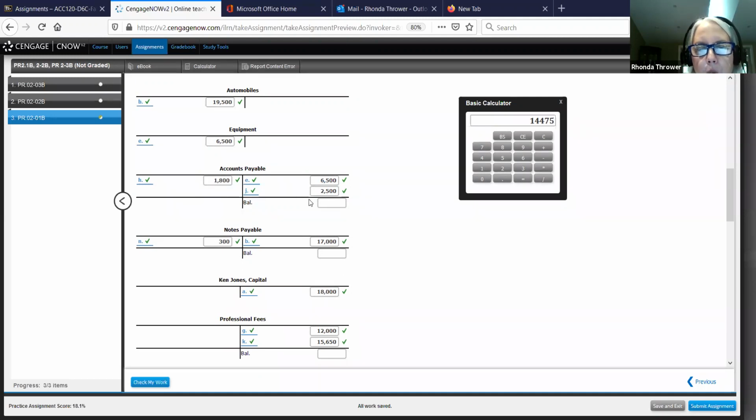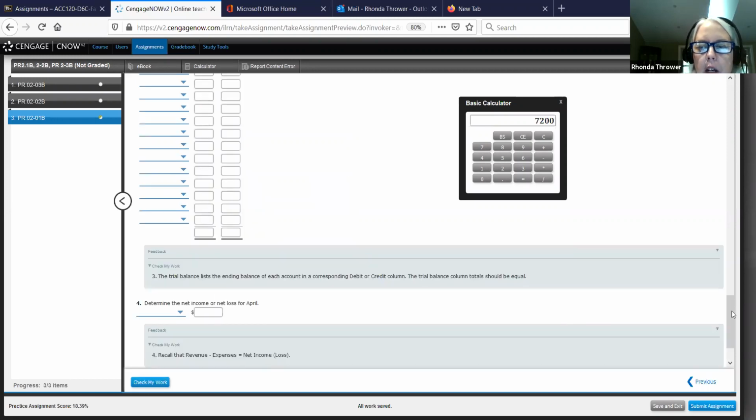We add the two credits together, 6,500 plus 2,500, and then you'll deduct the minus to that accounts payable, which was 1,800. And what you have remaining is 7,200. That is the balance that should be on, notice it's on the credit side, because that's the side that liabilities increase on.